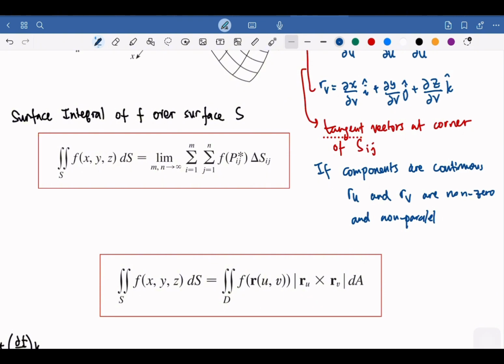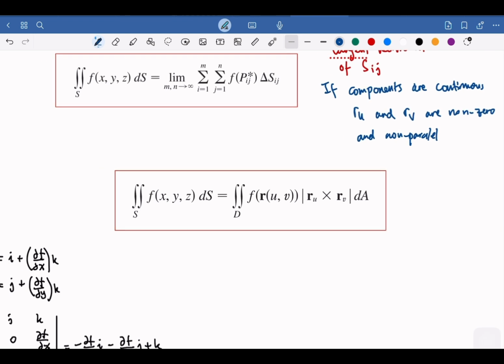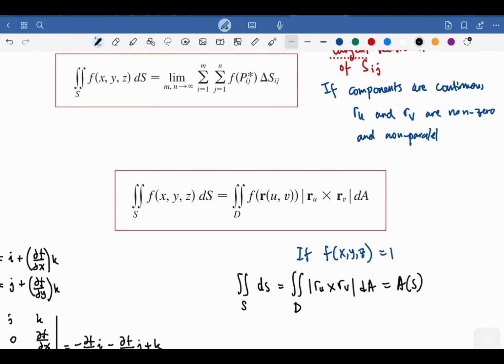Now we can also observe that if the function is a constant one, say f(x, y, z) equals 1, then the surface integral of 1 dS will be a double integral of 1 times the magnitude of r_u cross r_v dA, which is just the area of the surface, right?